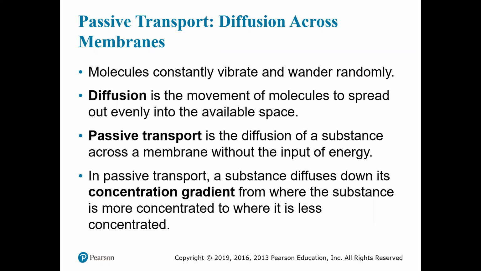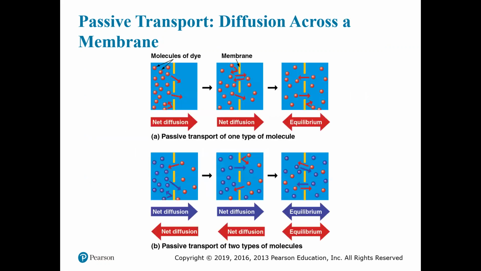What drives the movement of these molecules is the movement of the molecules across the concentration gradient. The concentration gradient says that molecules will diffuse from high concentrations to low concentrations. This is how the molecules end up filling this space.